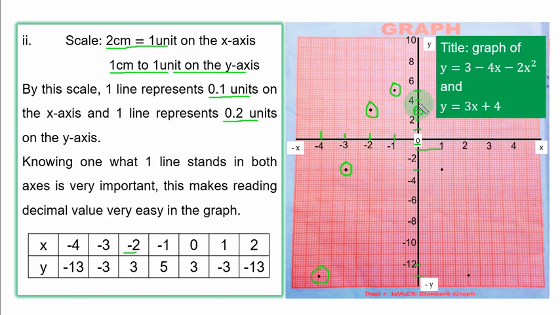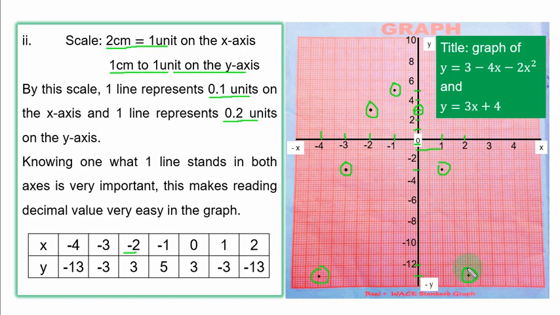When x is 1, y is minus 3. You are going down again. The graph is now descending. When x is 1, y is 3. That is this point. And when x is 2, y is minus 13. That is this point.